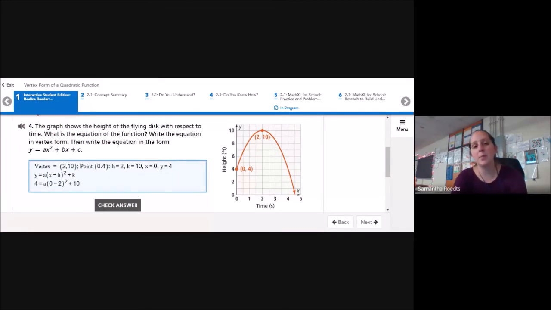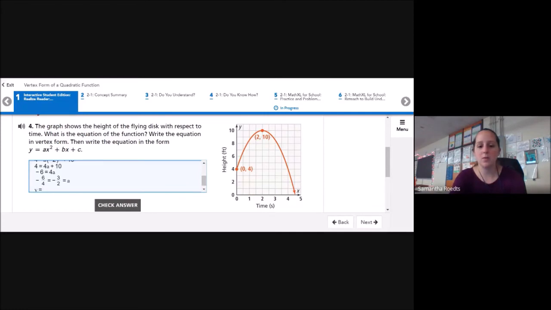I can tell by the parabola that it's opening downward, so I know I'm going to get a negative answer. So when I actually go through this, okay, 0 minus 2 is -2. So 4 equals 4a plus 10. I subtract 10 on both sides, which gives me -6. Okay. When I divide both sides by 4, I get negative 6 over 4, which equals negative 3/2 when I simplify. So that's my a value.